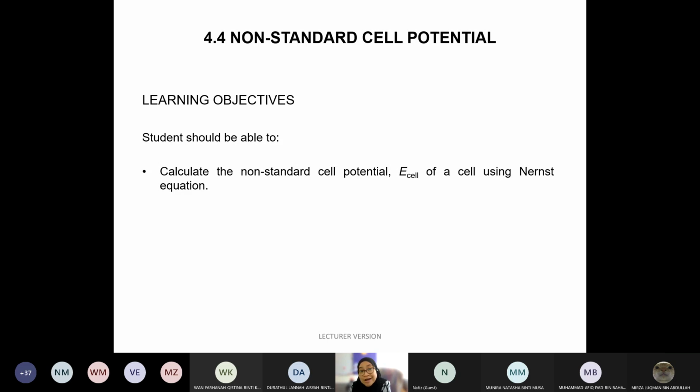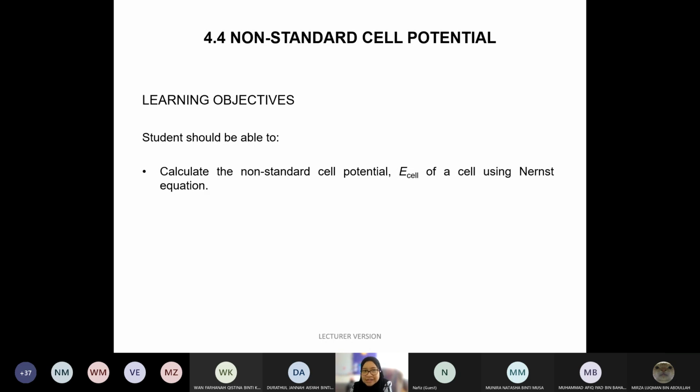Okay, alright. Just now we have standard cell potential, kan? Now we have non-standard cell potential. That means the condition is no longer at standard condition. That means one of the standard conditions is changed to something else. But normally for our syllabus, our target is more on the concentration.